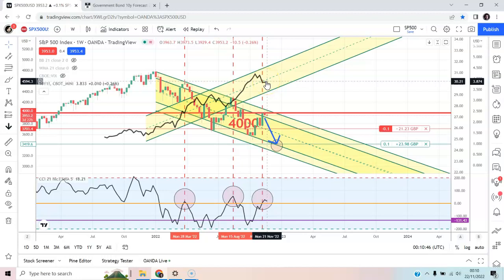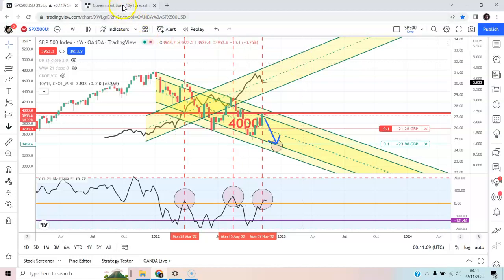What's interesting is I put this parallel channel there because if you continue this wavering line, you might get to something like 5% by first quarter 23, or maybe that's too ambitious. You might go for 4.6% first quarter 23, etc.